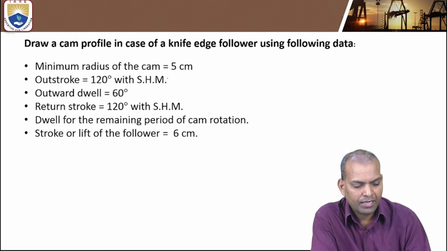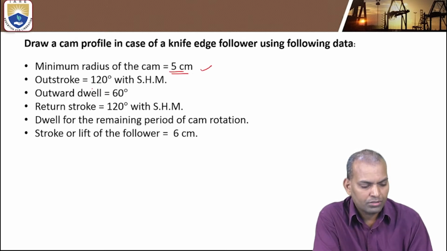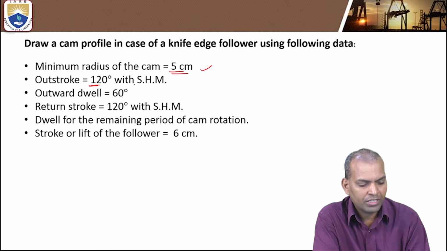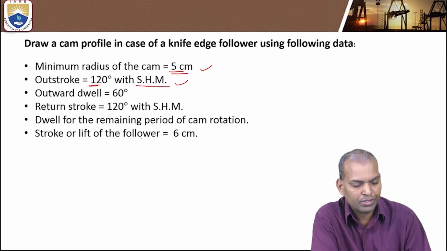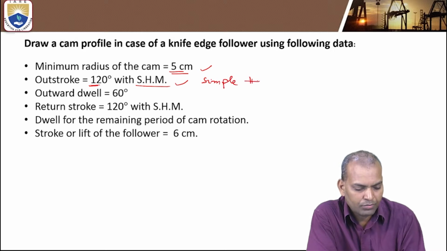The minimum radius of the cam is 5 centimeters, and the outstroke, or angle of ascent or angle of rise, is 120 degrees with SHM. SHM means simple harmonic motion.